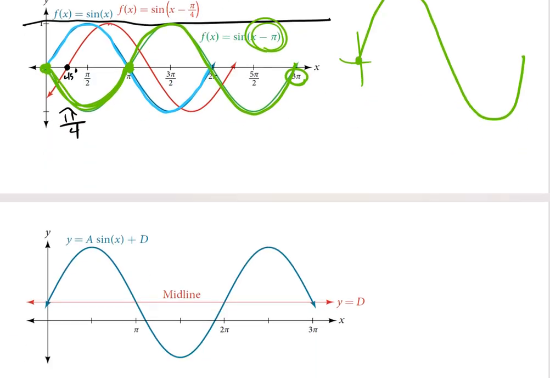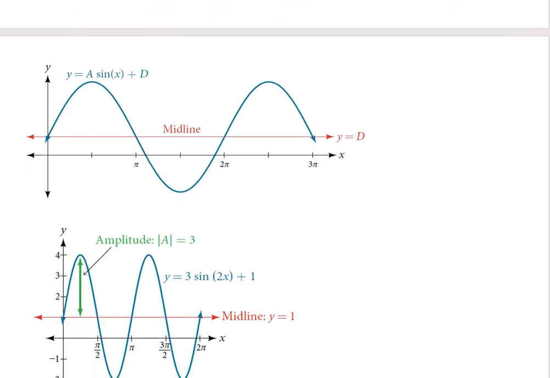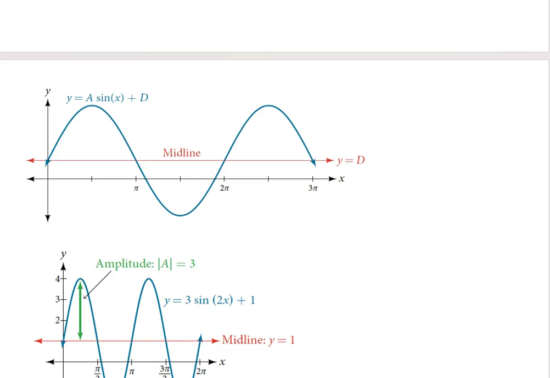And then they talk about the midline. Well, that involves when the sine wave either rises up or goes down. You can see that instead of being here, it's up right there. This is where D would be located, whatever D is. So if this says sine of x plus 5, then that's 5.